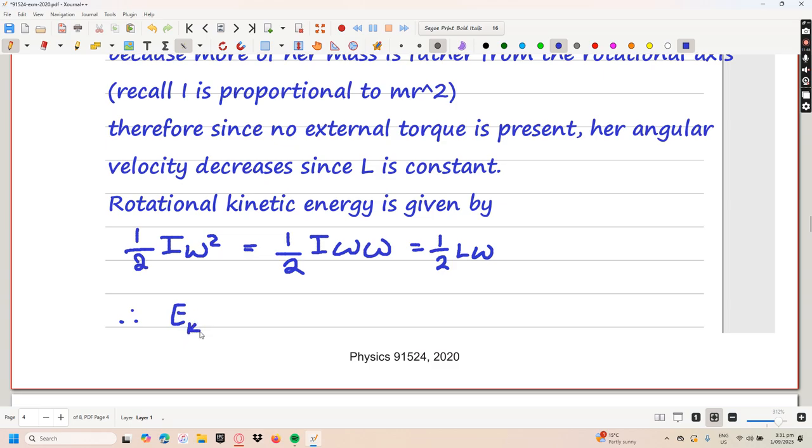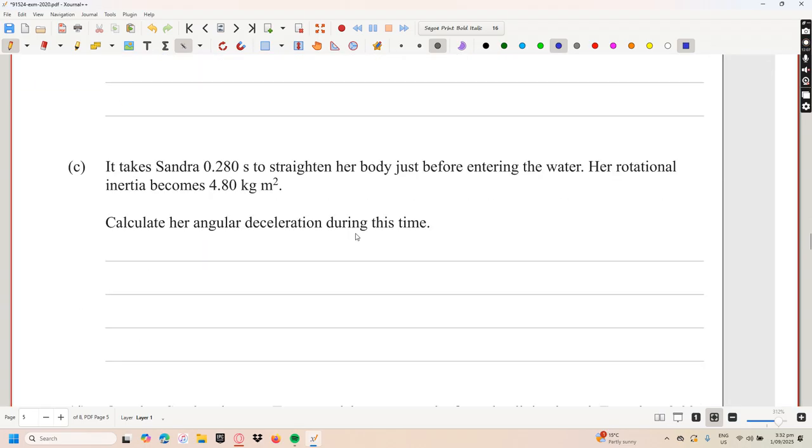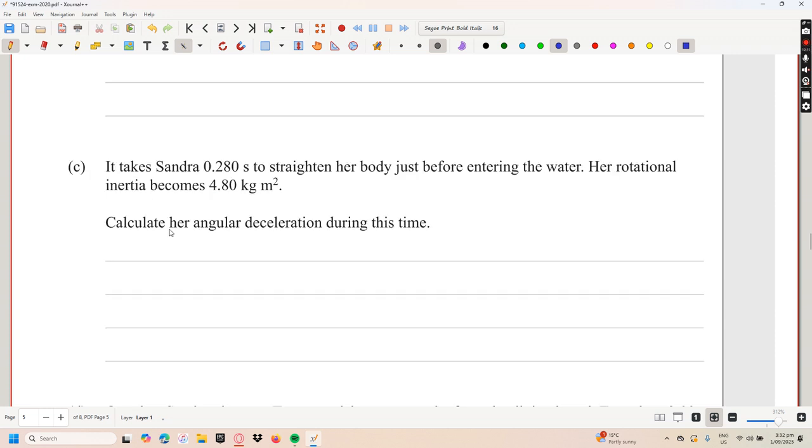Therefore, the rotational kinetic energy goes down since omega goes down. So if omega goes down, then rotational kinetic energy goes down, because half L never changes. That's the idea there. The measurement becomes this.